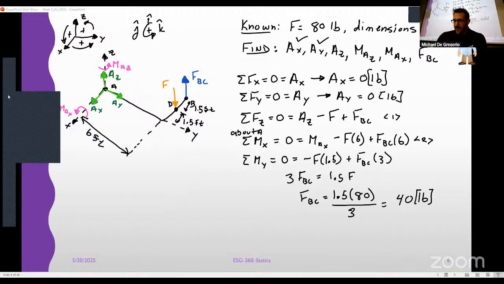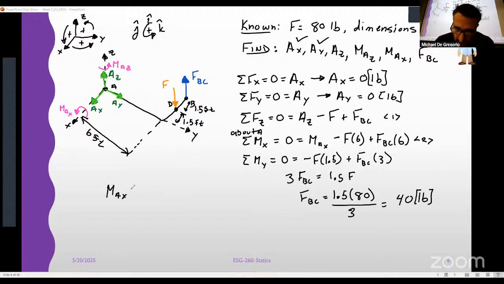Sounds so ominous, though. All right, so if I'm going to solve equation 2 for MAX, right? MAX is equal to 6 times F minus 6 times FBC, right? Let's flip them. So that's 6 times 80 minus 6 times 40.